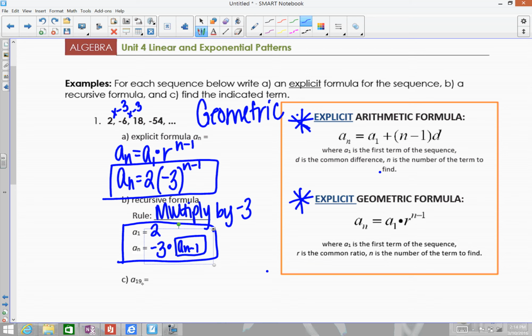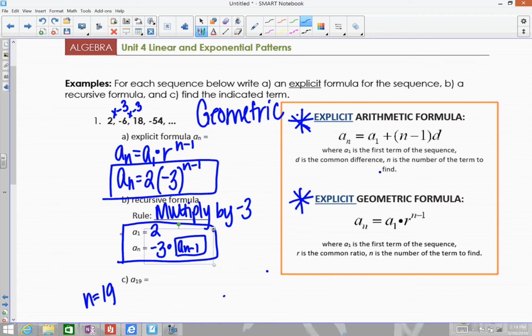If I want to find the 19th term, that means I want to know what term is in the 19th position, or what's the term in the sequence when n equals 19. You don't want to use the recursive formula, because you would have to know the 18th term, and to know the 18th term, you have to know the 17th term. If you plug 19 into this formula, you'd have a sub 19 minus 1, which would be a sub 18.